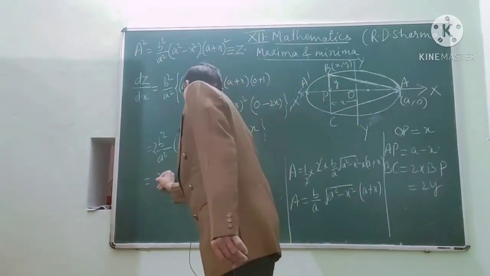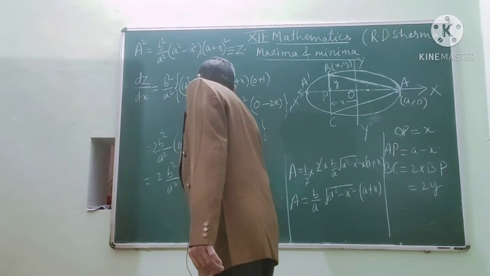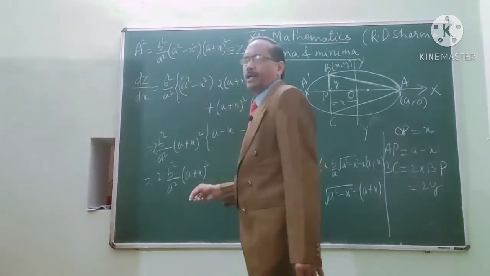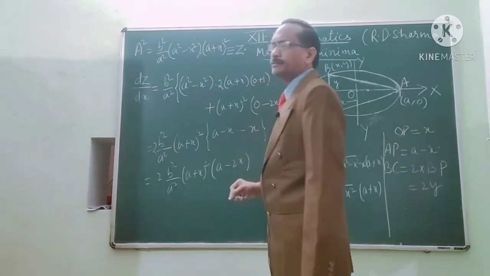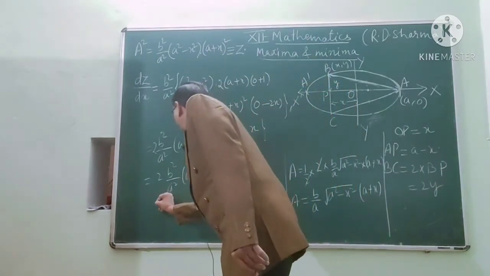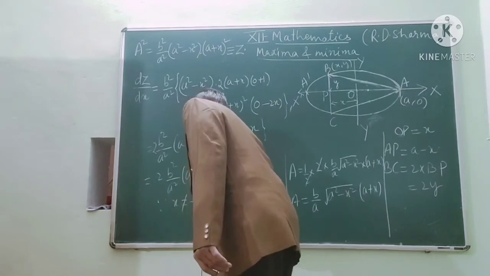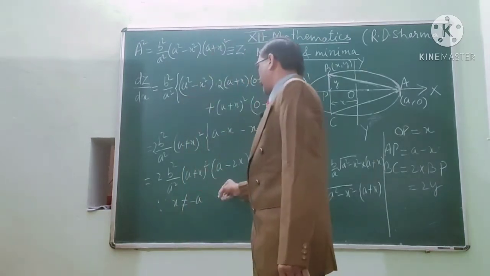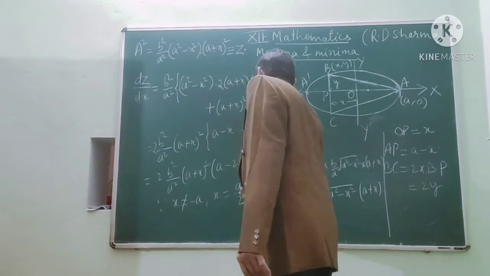It is 2 into b square upon a square, a plus x whole square, and it is a minus 2x. Since x cannot be negative, x is not equal to minus a, therefore the value of x is a upon 2.